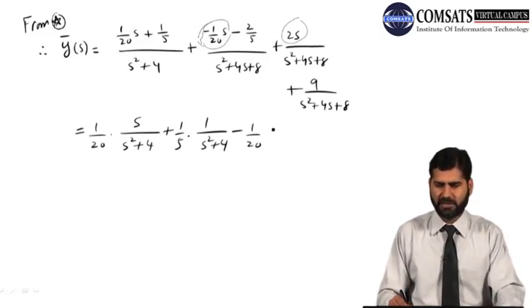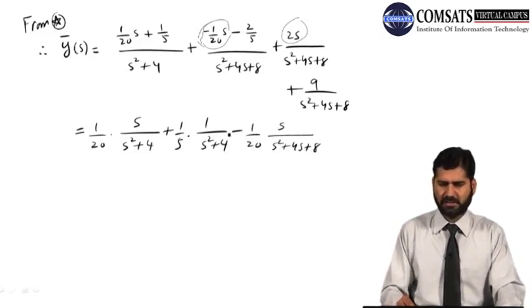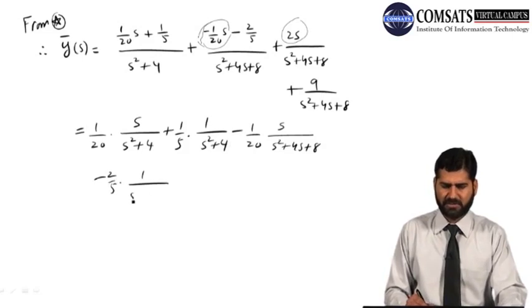Okay, minus 1 by 20 S over S square plus 4S plus 8. Let me keep them separate. And minus, this is 2 by 5. So minus 2 by 5 times 1 over S square plus 4S plus 8.